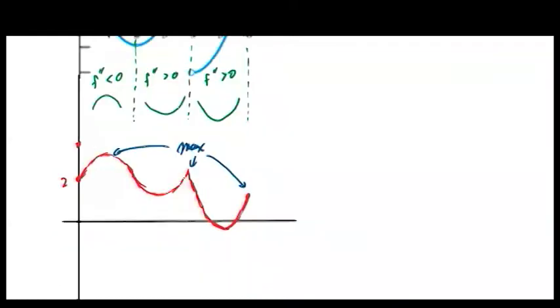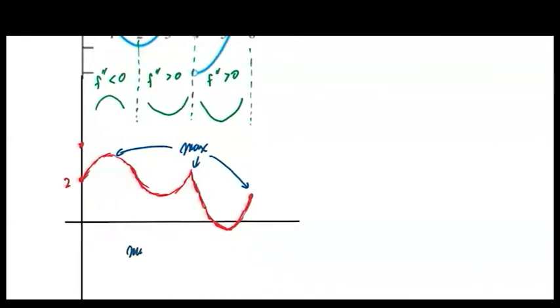And our min happen to be, I'm going to put it here. Endpoint is always max or min. That one, and that one right there. Do you see any point of inflection? Right there, of course, right? That's our PI. And that's when x is equal to 2. You feel it?